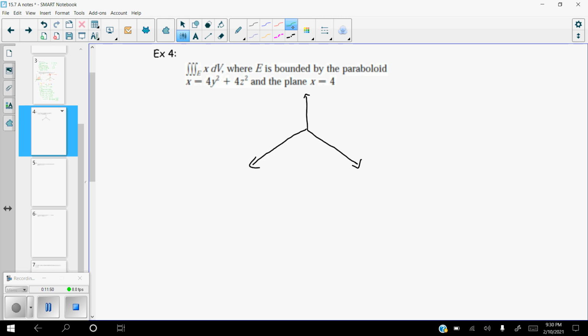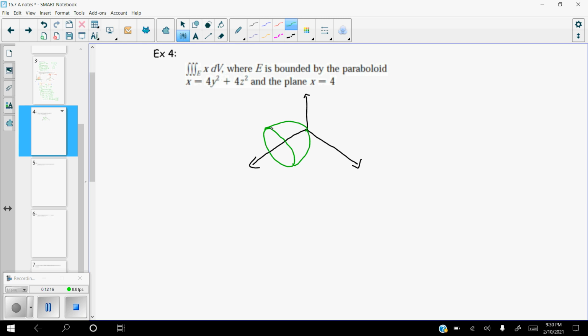So this specific paraboloid is going to open around the x-axis because it's the part that's not squared. So it's going to kind of look something like this, opening around the x-axis. I'll have a circular base. That's pretty good, actually. So that's not so bad.